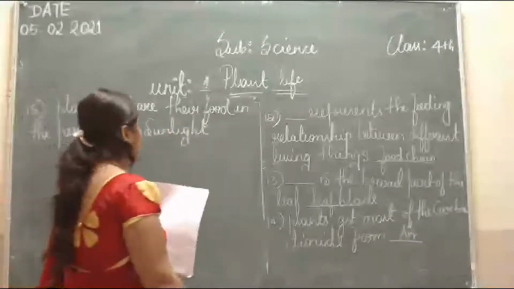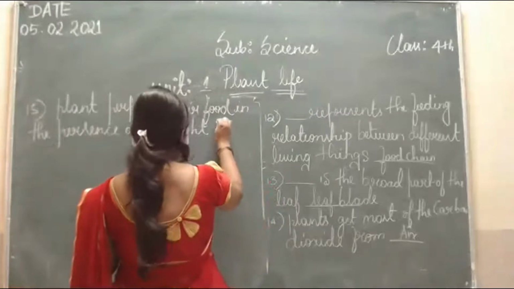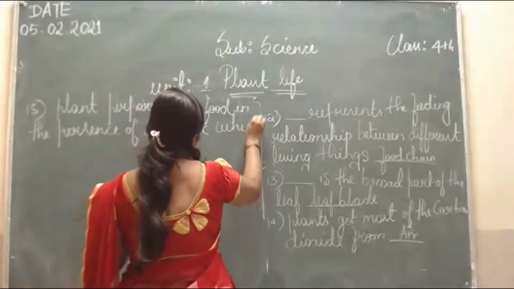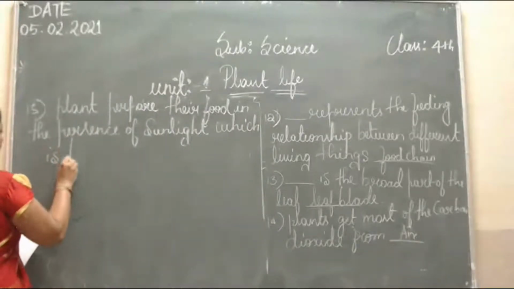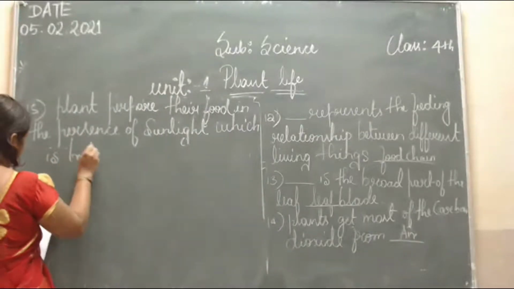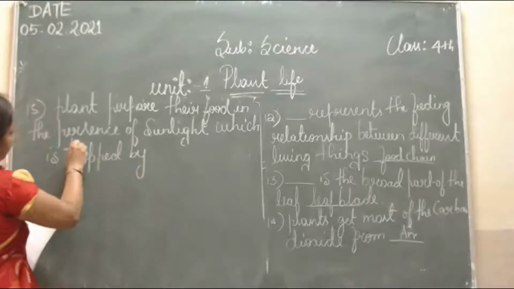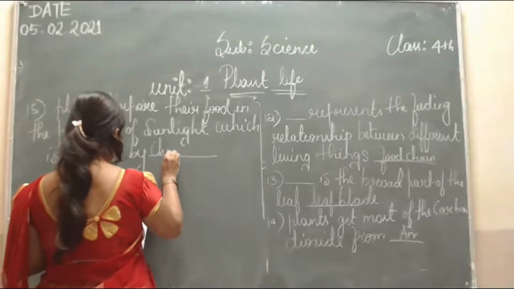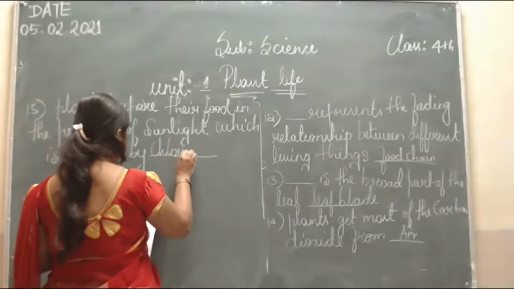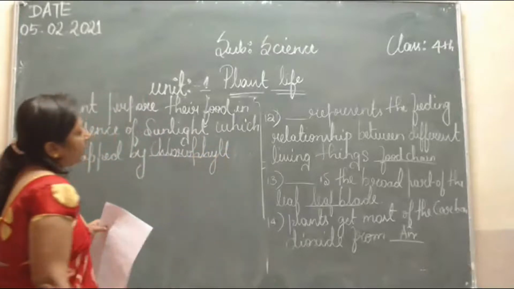We need sunlight, water, and carbon dioxide, which is trapped by chlorophyll. Okay.